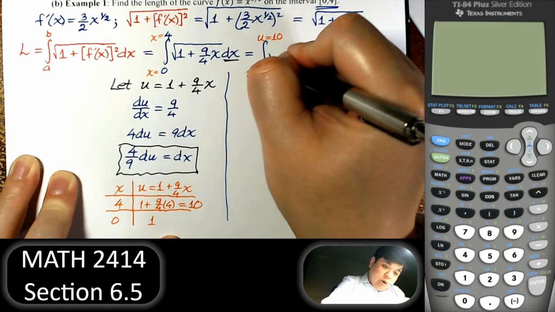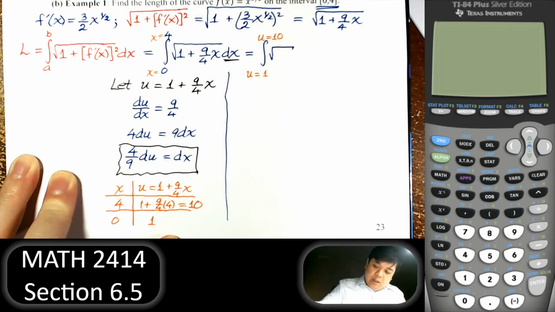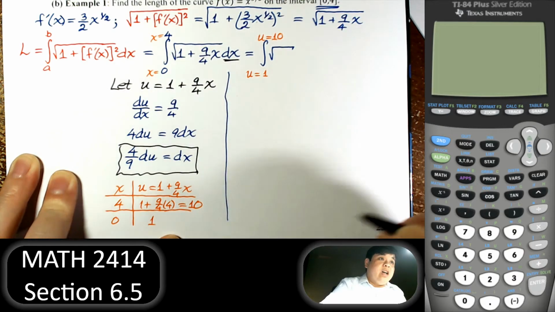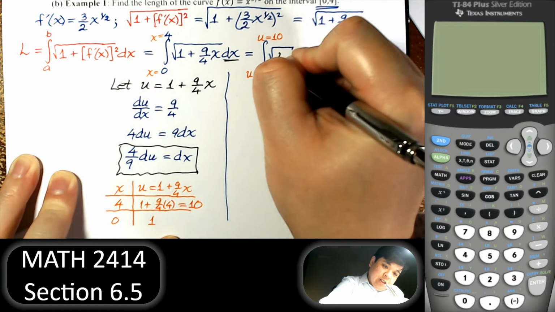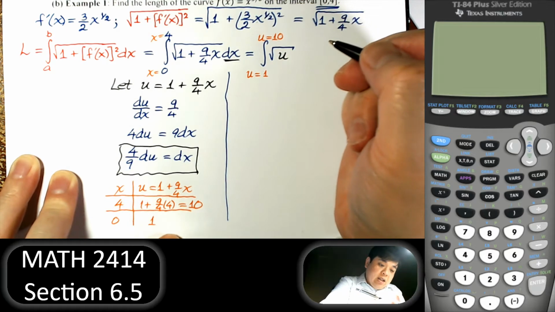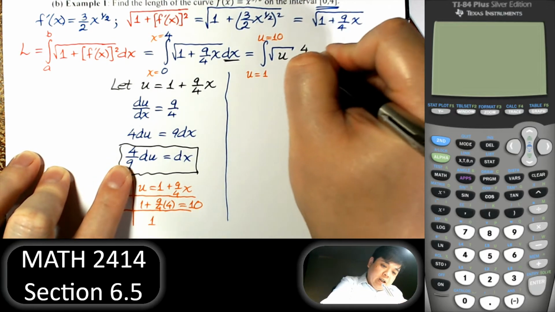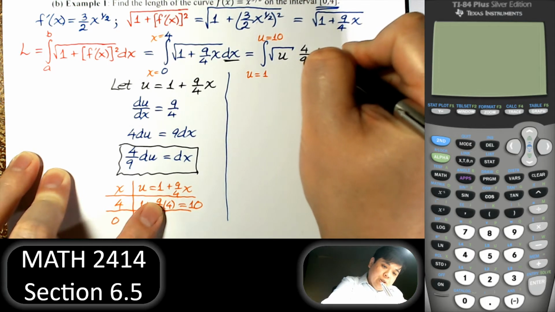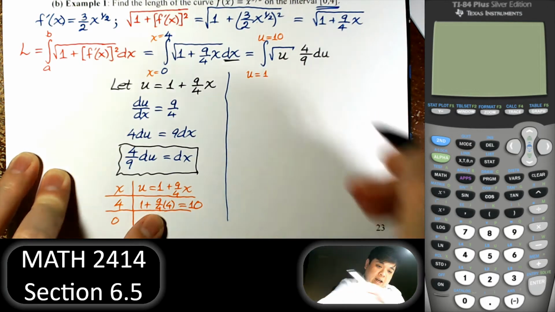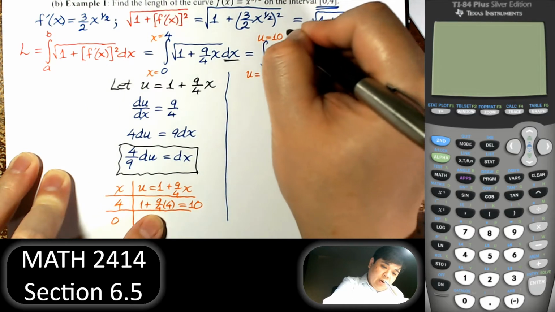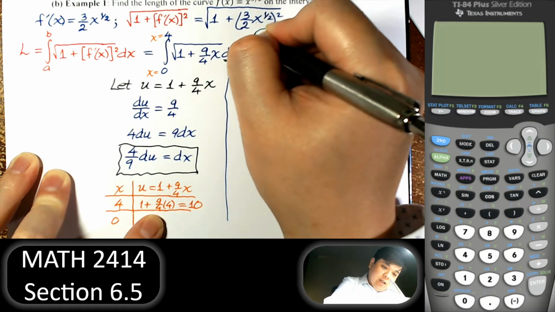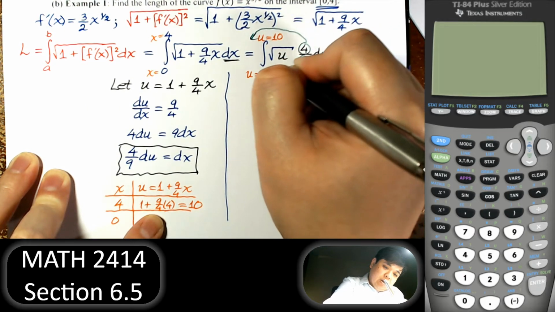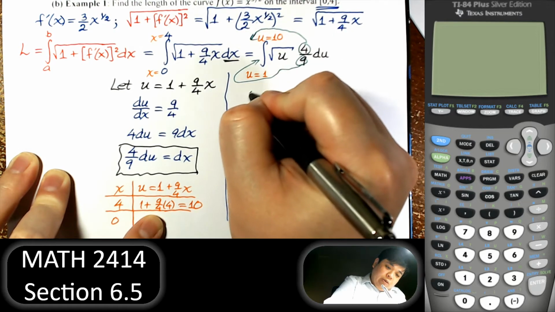Then we still have the square root, where we let the inside of the square root be u. And then dx is 4 over 9 du. And that is a constant, 4 on the top, 9 at the bottom. So we have 4 over 9.